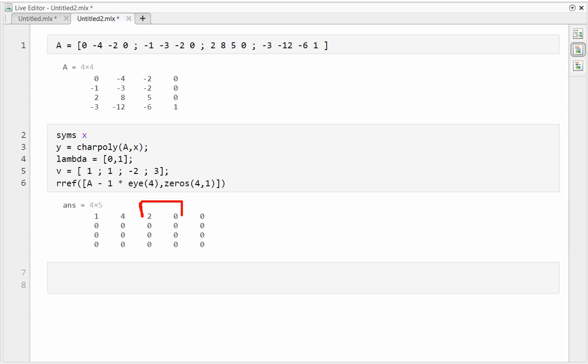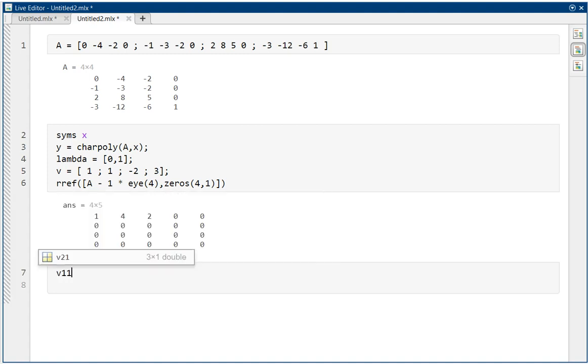Let me call that v sub 1, 1 vector. And what happens? I'll get a 0, because I'm setting the second one equal to 0. The fourth one is already equal to 0. Sorry, this is going to be a minus 2 over here.